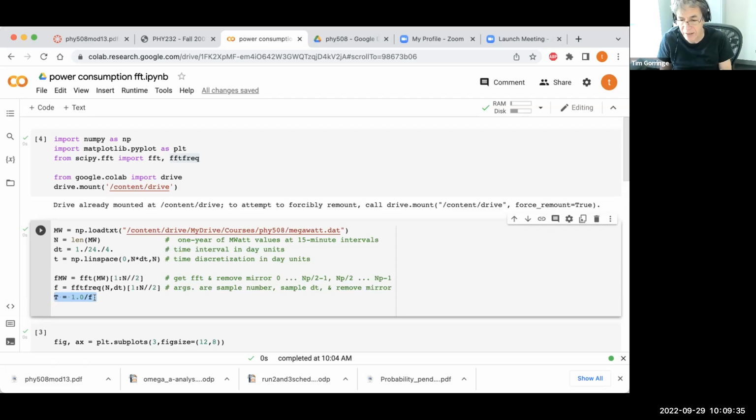The period in seconds is the inverse of the frequency in hertz, or in this case, the period in days will be the inverse of the frequency in inverse days, cycles per day. And so I make that additional calculation of a second array that is an array of periods rather than an array of frequencies.